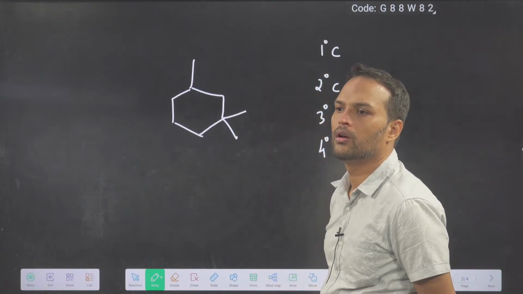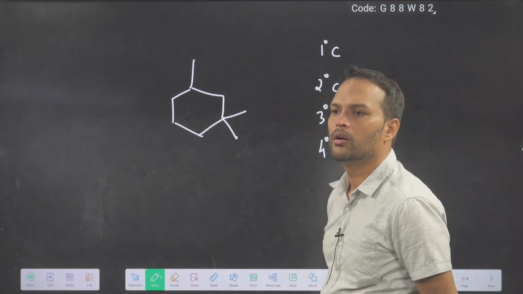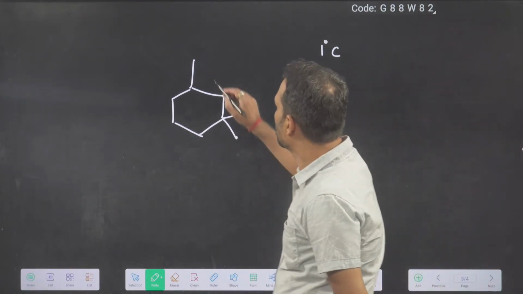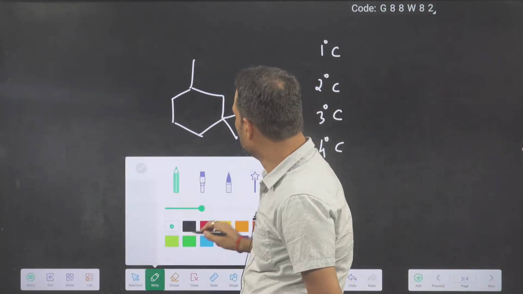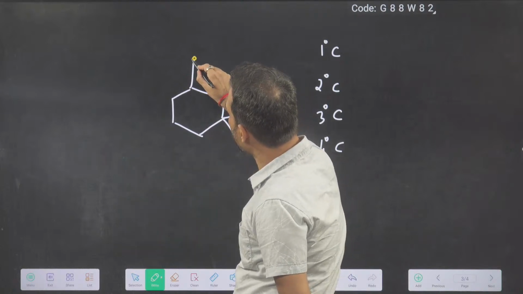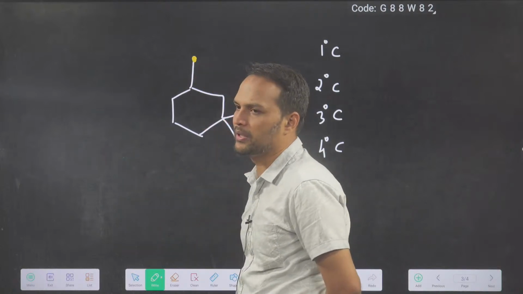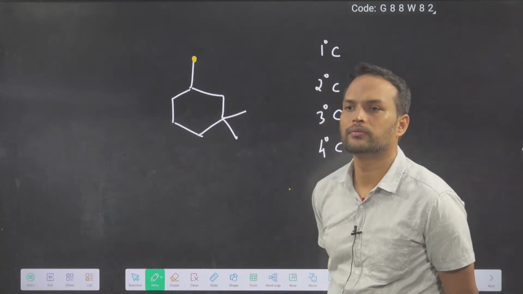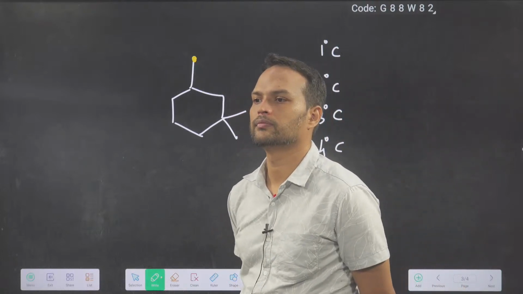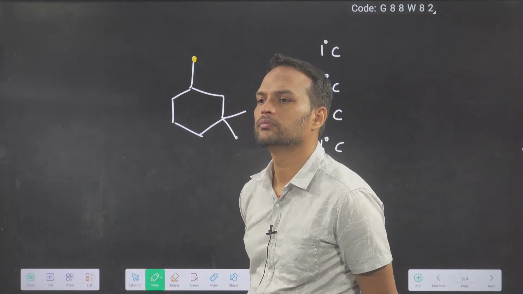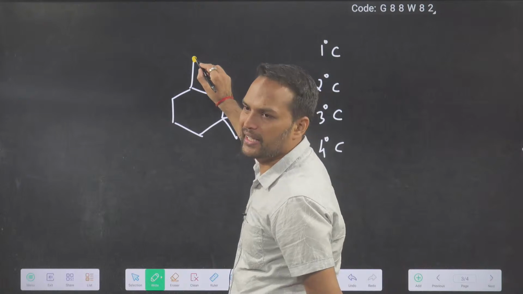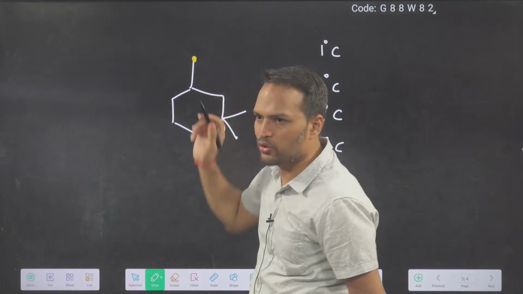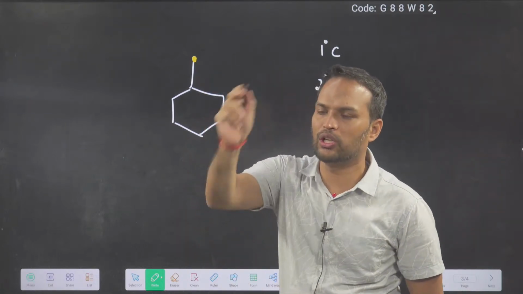Done. Come. So tell me now, this carbon is connected to how many carbon? Tell me the degree of carbon quickly now. Everyone should reply. If you reply, then only you will understand.